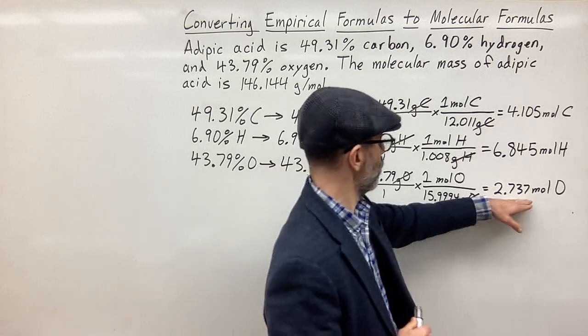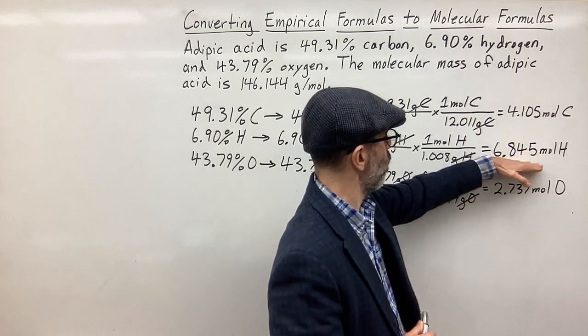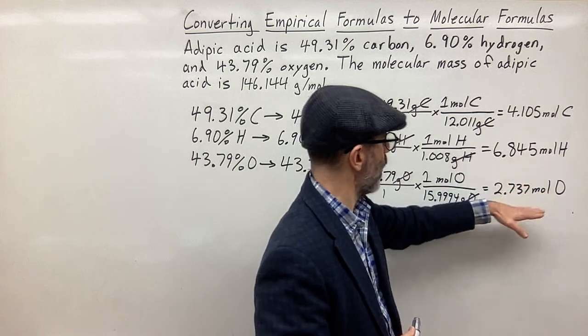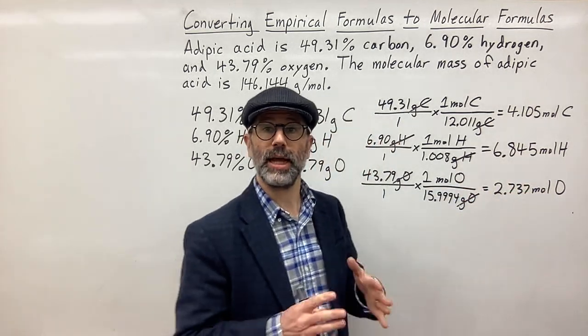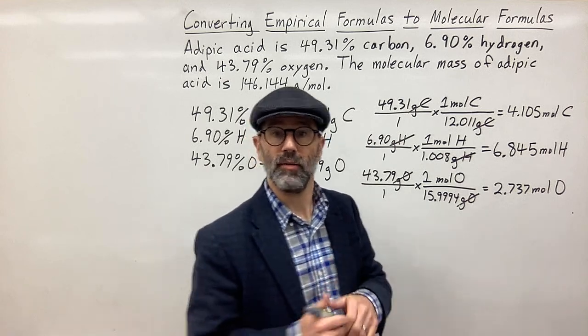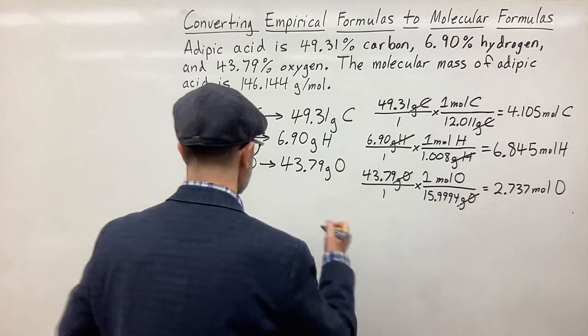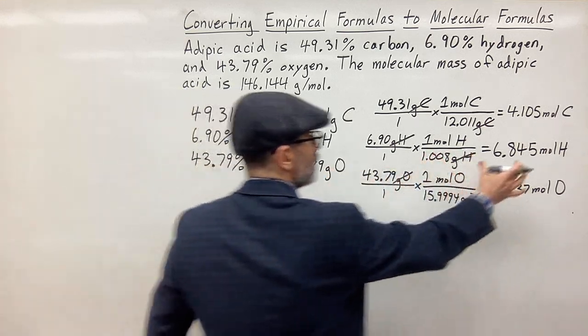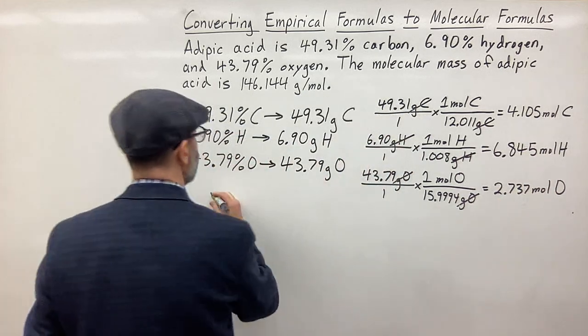The smallest number here is 2.737. So if I divide all three of these by 2.737 moles, then I'll get a ratio of 1 to something, right? I'm going to write this in a pseudo formula first, taking these moles and writing them as subscripts in my formula.